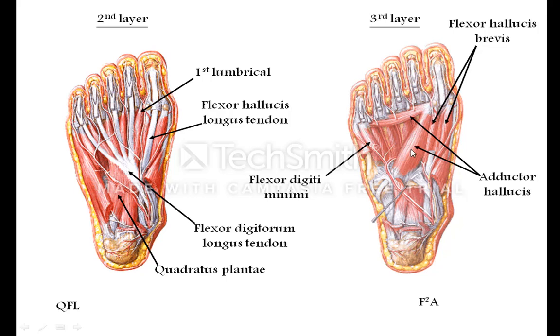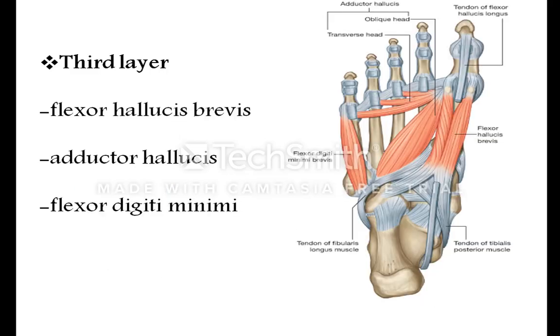It has 2 heads, the oblique head and the transverse head. So again, the third layer contains the flexor hallucis brevis, the flexor digiti minimi brevis, and the adductor hallucis.